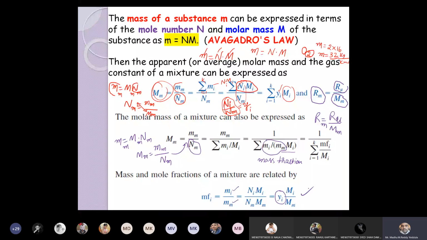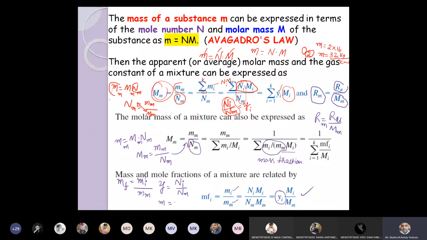The basic fundamental thing is, three things you should remember. Mass fraction is equal to the mass of the individual component mi divided by the mass of the mixture, and mole fraction is equal to the moles of the individual component by the mole number of the mixture, and we know that the mass of the substance is equal to the number of moles multiplied by the molar mass.